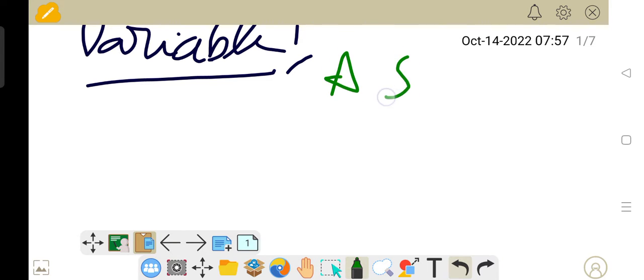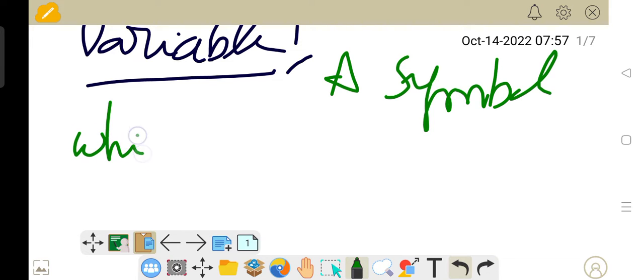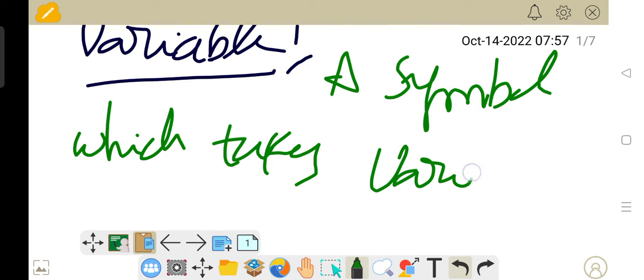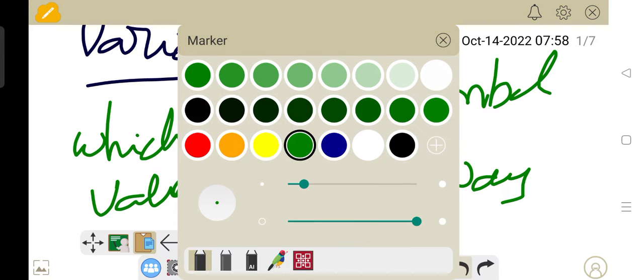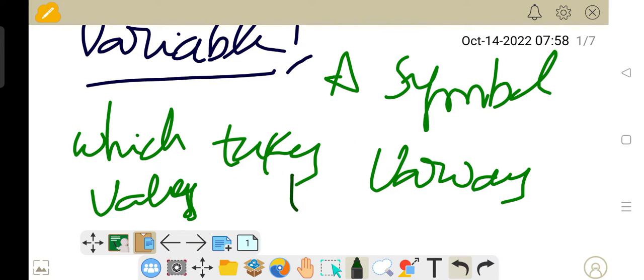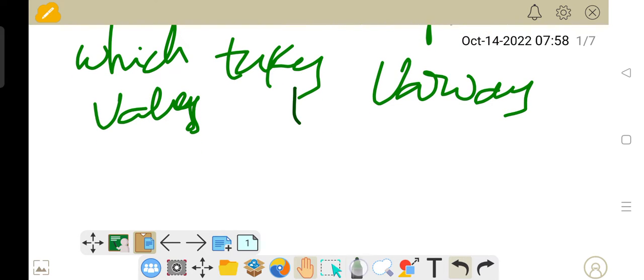I am going to write: a symbol which takes various values is called a variable. I am going to give an example, then only you can understand.